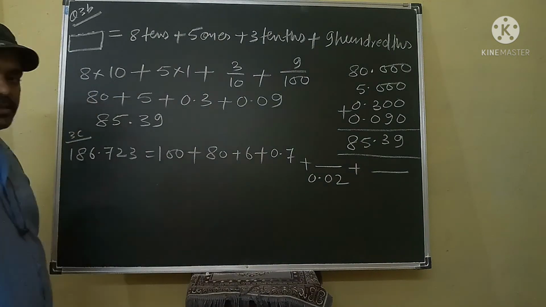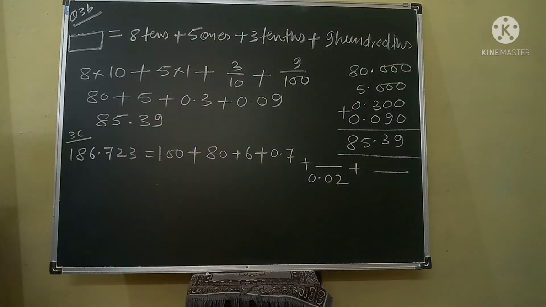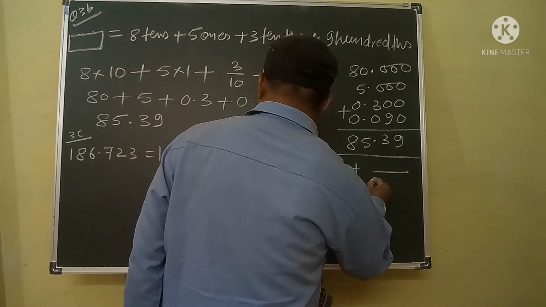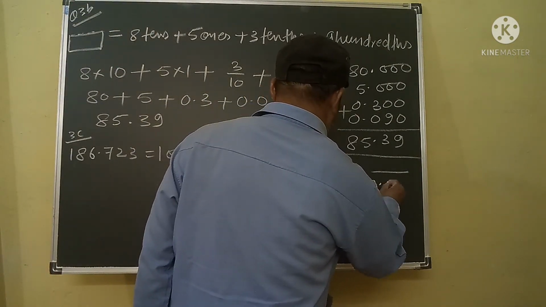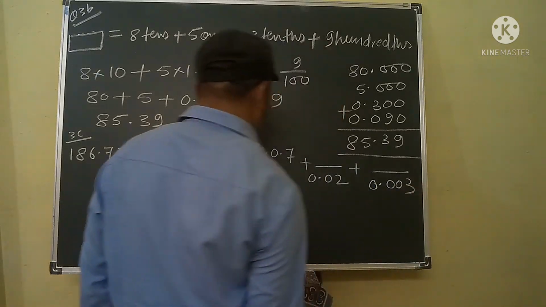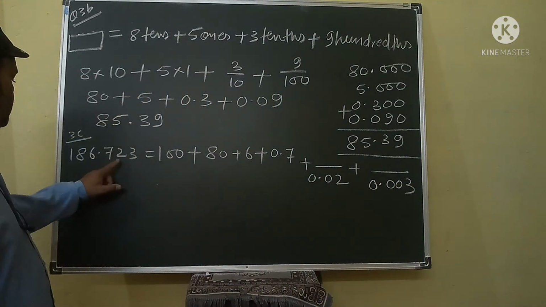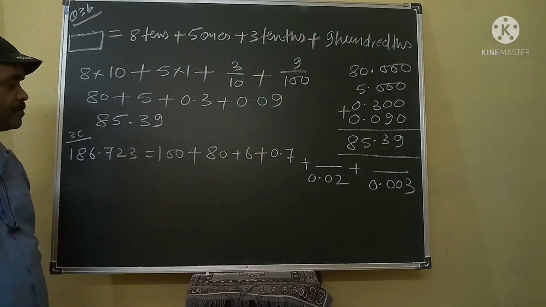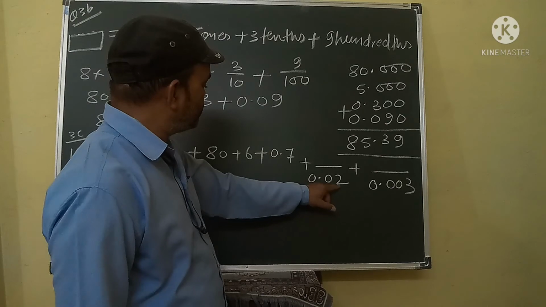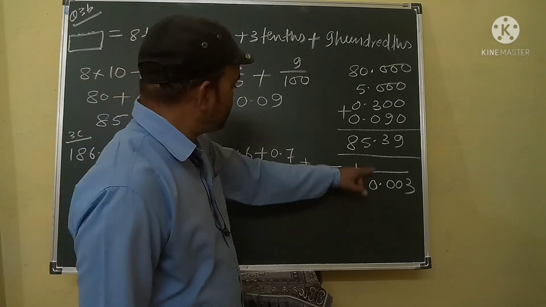In the next space there will be 0.003. Okay, in the first blank there will be 0.02, and in the second blank 0.003.